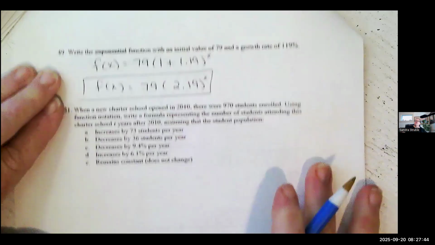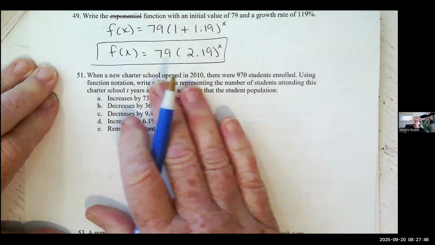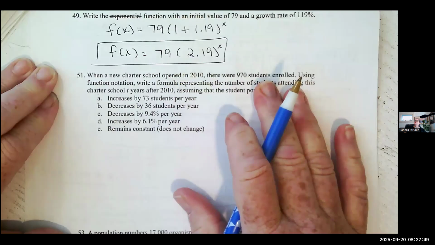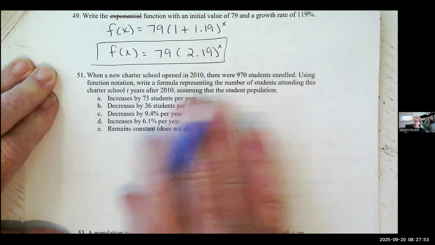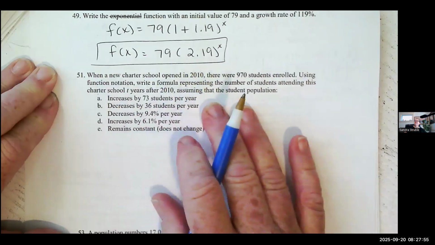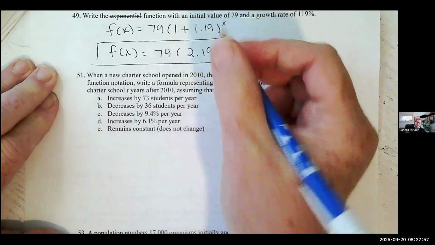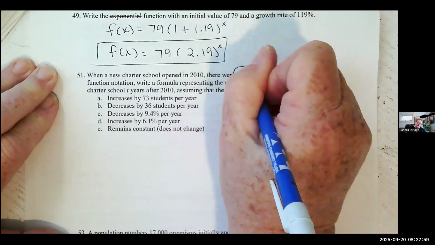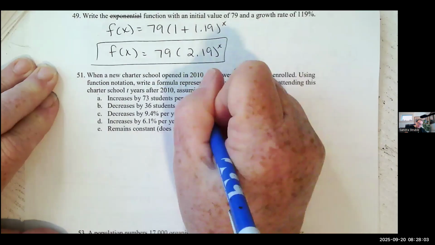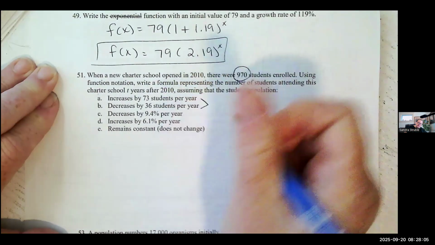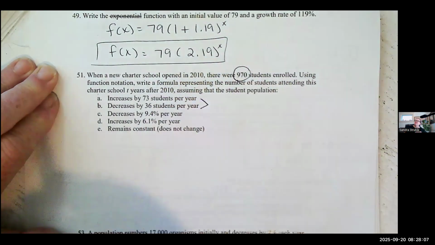All right. When a new charter school opened in 2010, there were 970 students enrolled. Using function notation, write a formula representing the number of students attending this charter school t years after 2010, assuming the student population changes as follows. So this is our initial value for all of these. And we've got a couple of things happening here. These two are linear because they're going up or down by a specific number of students.